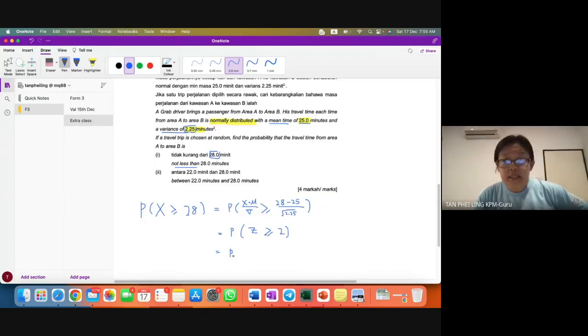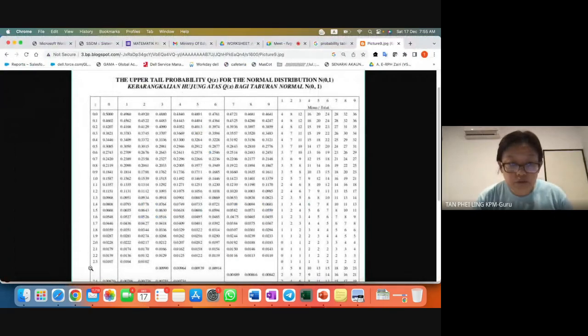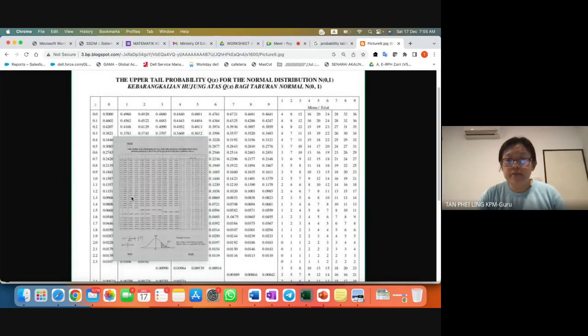The probability itself for Z score more than 2, you can straight away write the answer already, which is 0.0228. Can straight away use the reading that we get from here. Yeah, so everybody is clear with that.